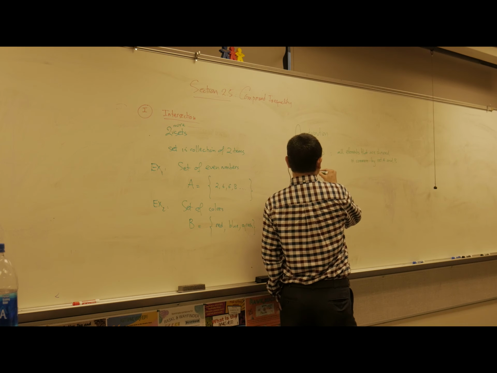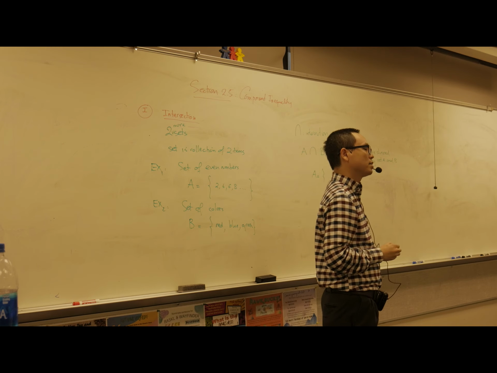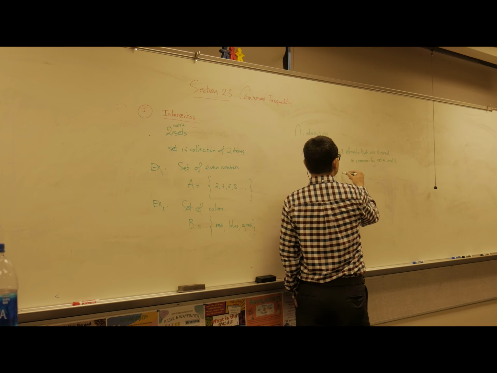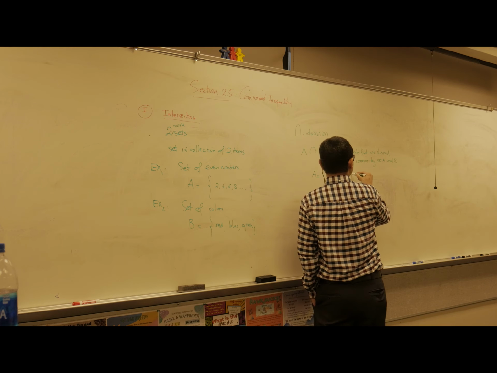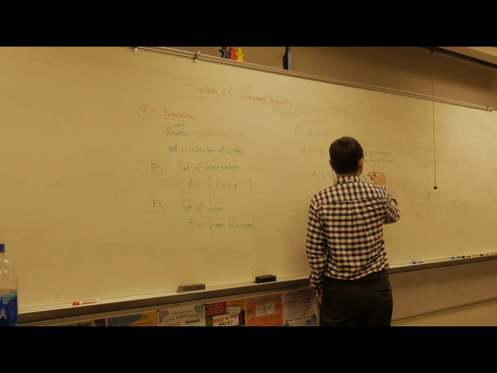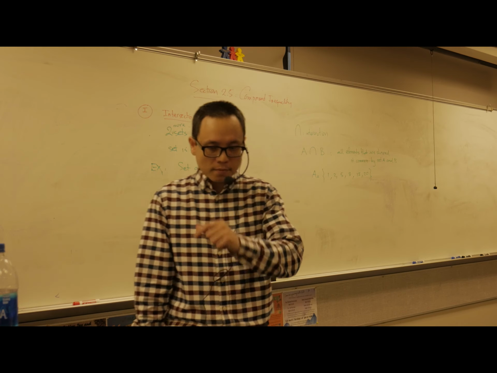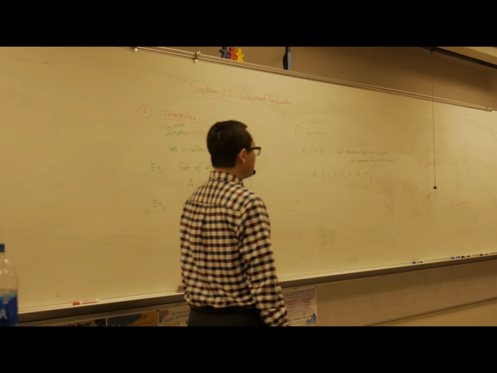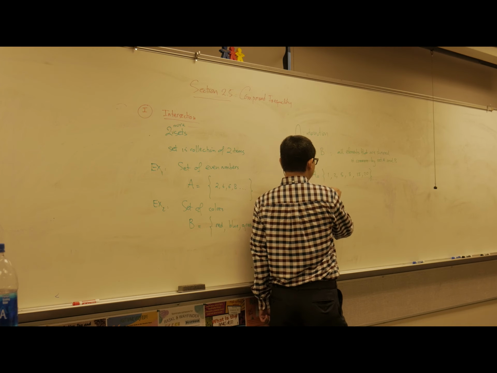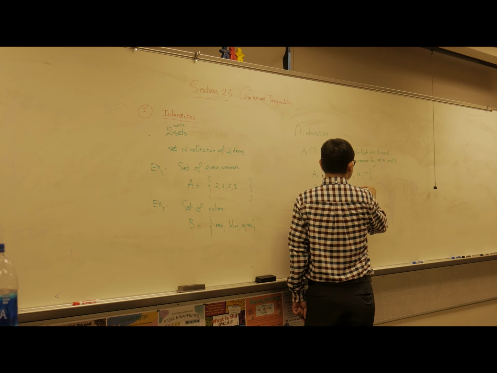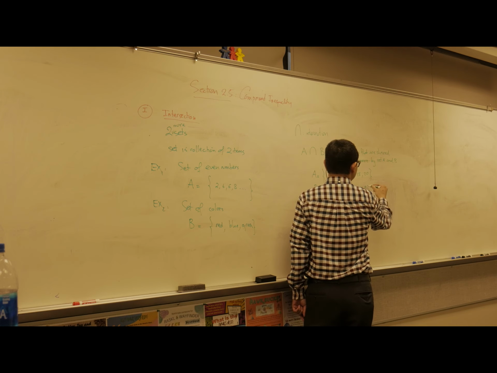Let's make it up. First of all, I have a set A, let's put like 6 or 7 numbers: 1, 2, 5, 8, 15, 20. And I have set B, which is 3, 8, 15, 90.